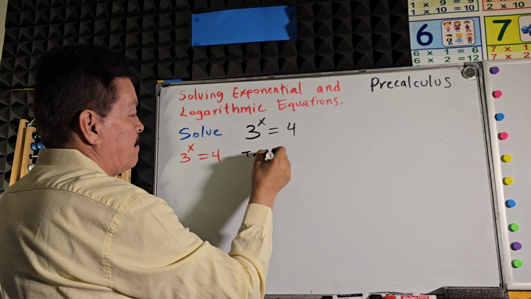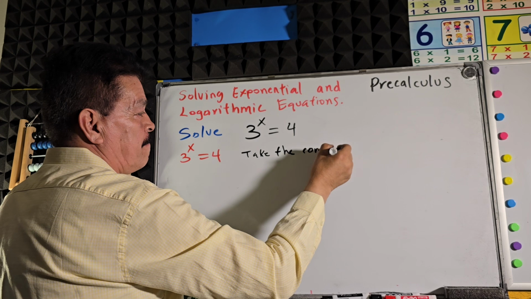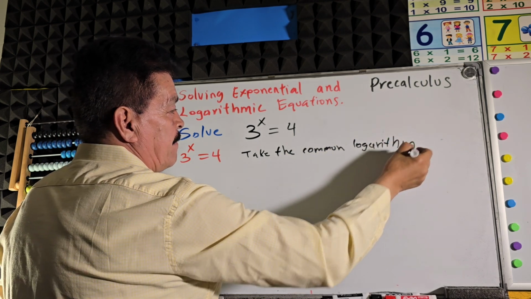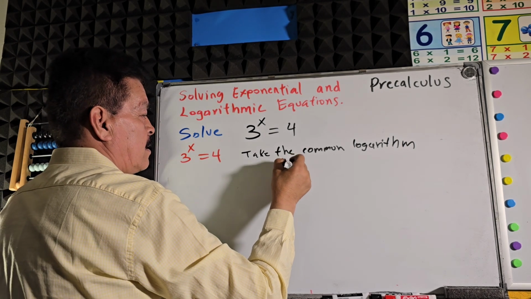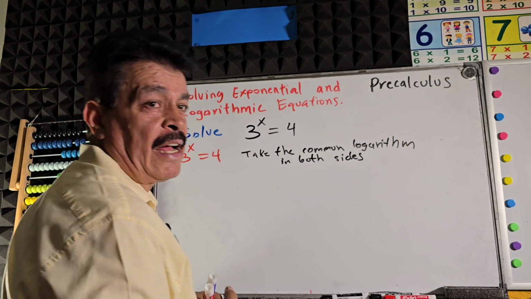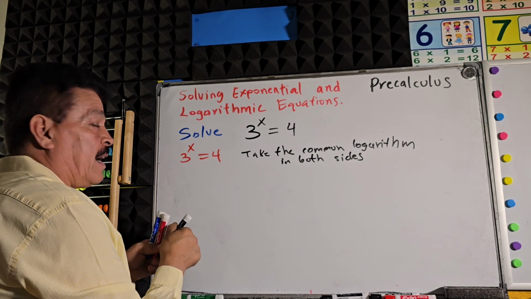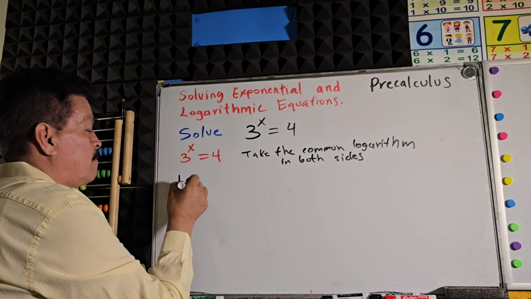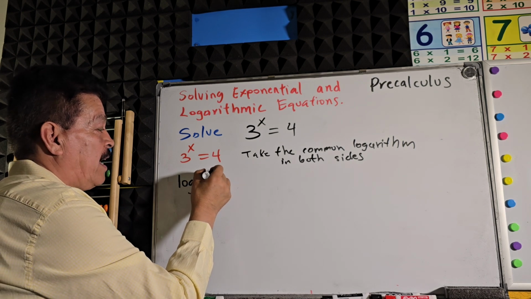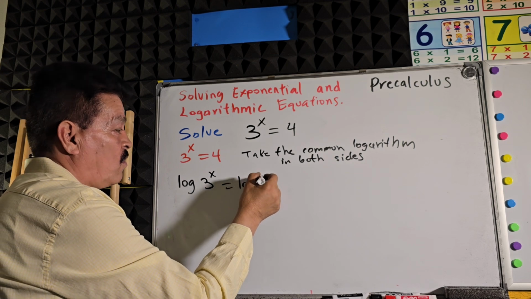Remember the last rule, the common logarithm in both sides. So if we do that, we will have the next step: log of 3 to the x power equals log 4, right?